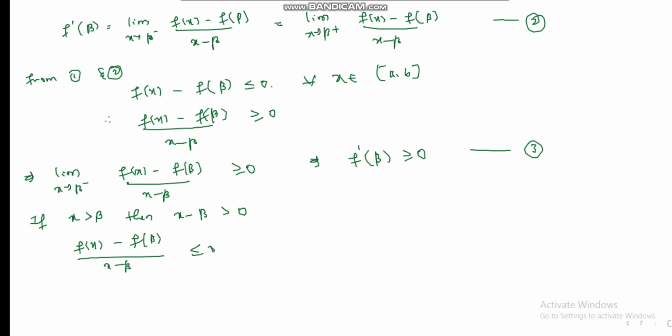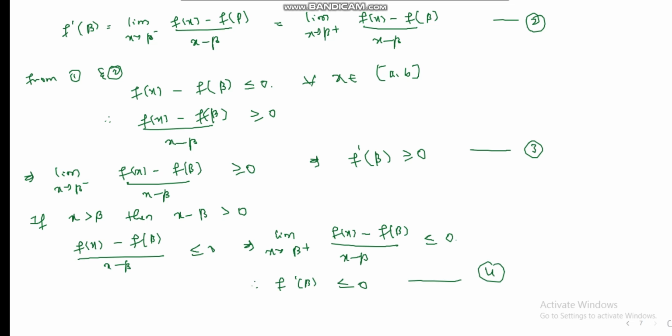This implies that the limit as x tends to beta plus of f of x minus f of beta, whole divided by x minus beta, is less than or equal to 0. So we can write again that f dash of beta is less than or equal to 0. This is result number 4.